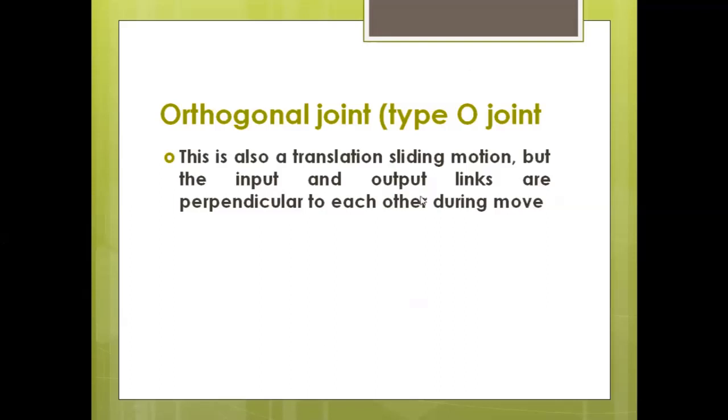Just observe here, this is also a translational sliding motion, but the input and output links are perpendicular to each other during the movement.